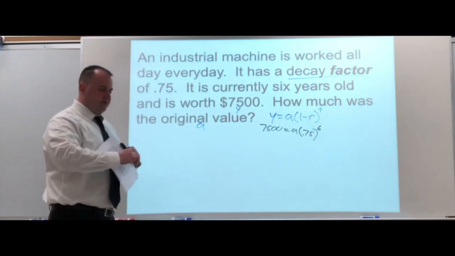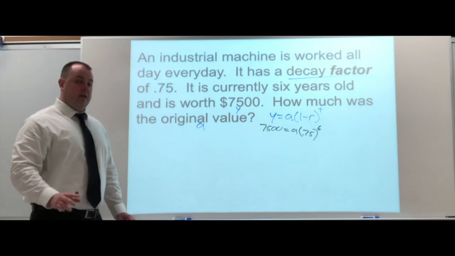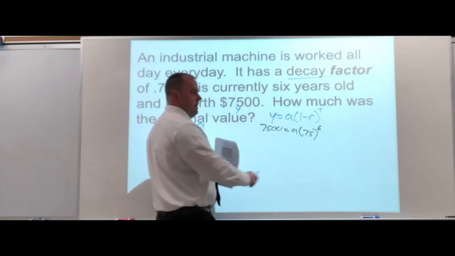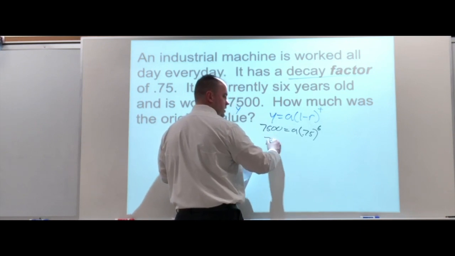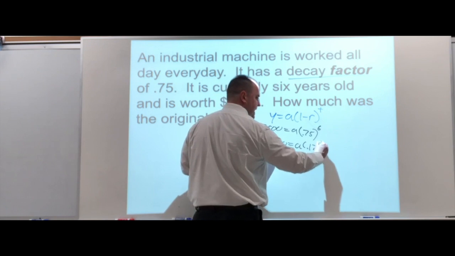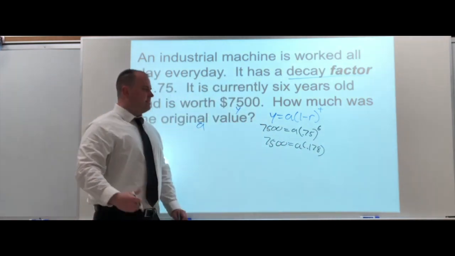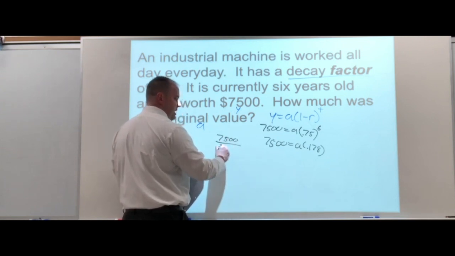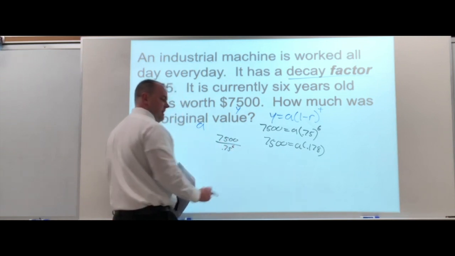Okay? Now there's a couple different ways you plug this in, so you will be given a little wiggle room. If you do the calculation, 0.75 to the 6th power, 0.178, and then do your division, that's going to be a little different than if you just take 7,500 divided by 0.75 to the 6.